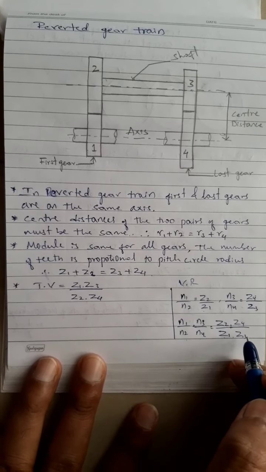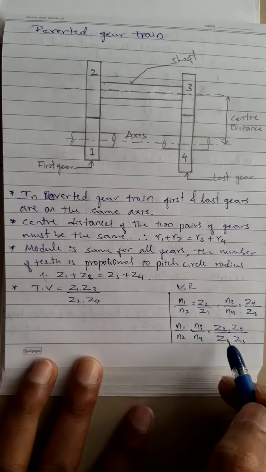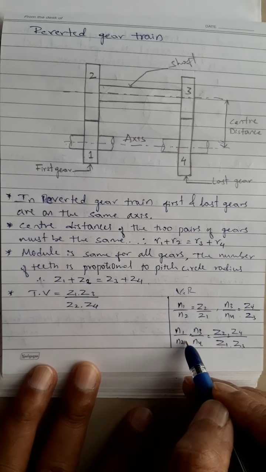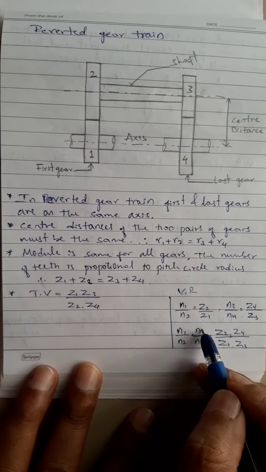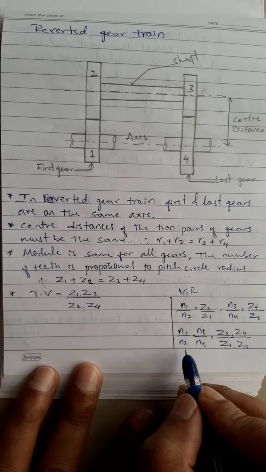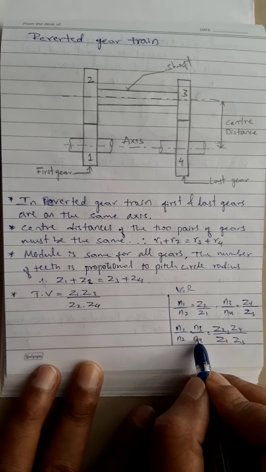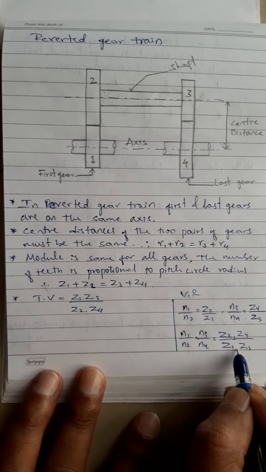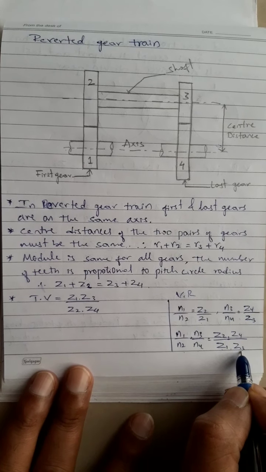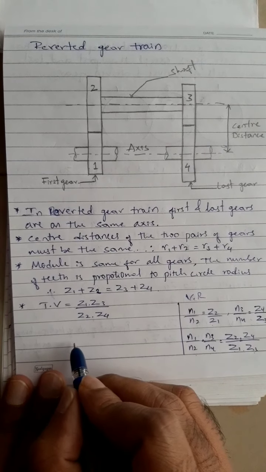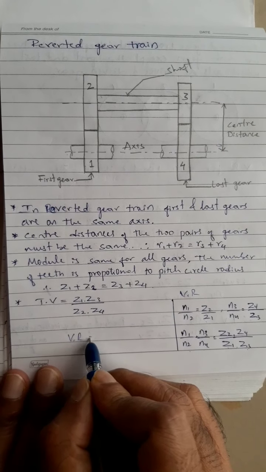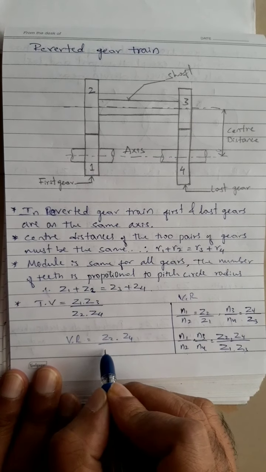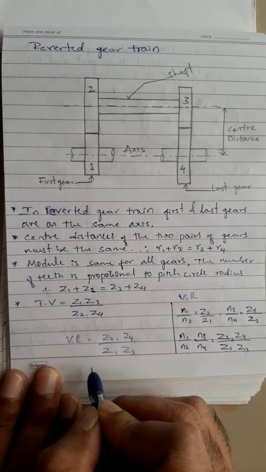And here, since the speeds of gear 2 and gear 3 are the same, we can cancel N2 and N3, and we can write the velocity ratio as N1 by N4 is equal to Z2 into Z4 divided by Z1 into Z3. That is the velocity ratio. Here I will write velocity ratio is equal to Z2 into Z4 divided by Z1 into Z3.